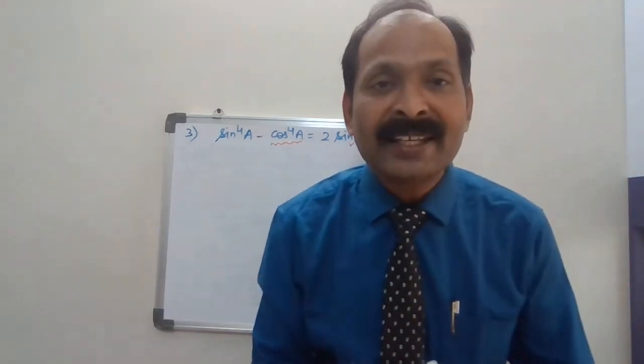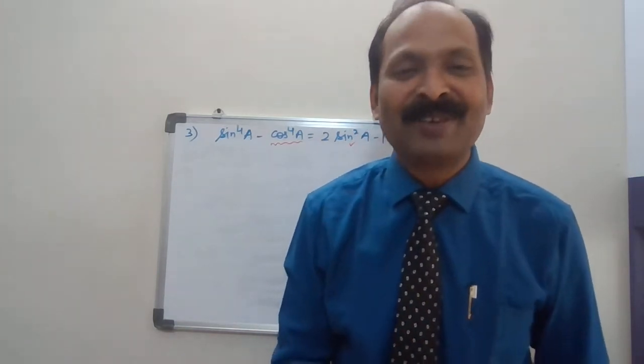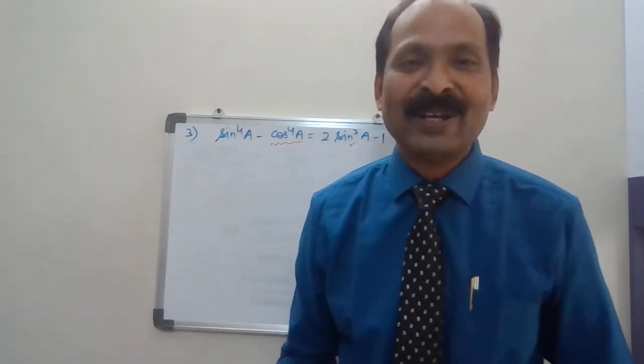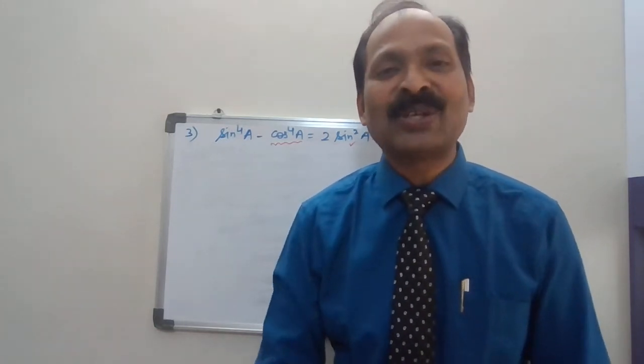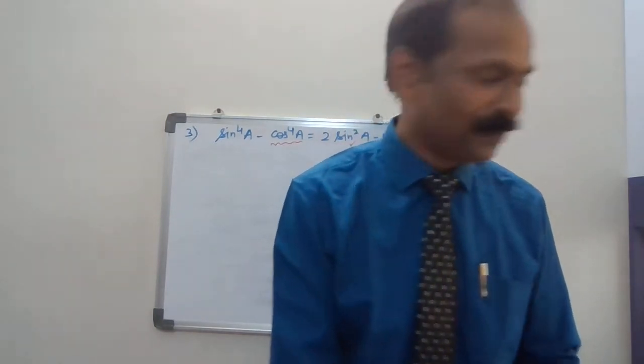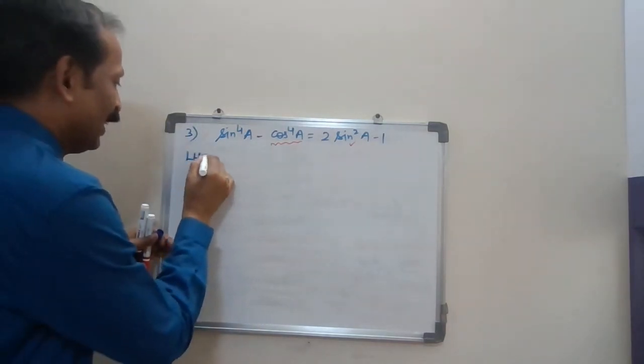Please remember, your identities do not have degree 4. But you must have learned in algebra the a square minus b square formula. So we'll apply that. This trigonometry you have to solve like algebra only, and you have to use algebraic identities. So here I'm solving the LHS.